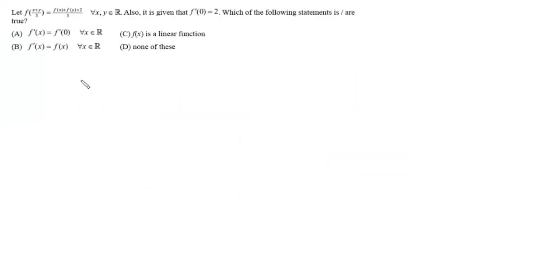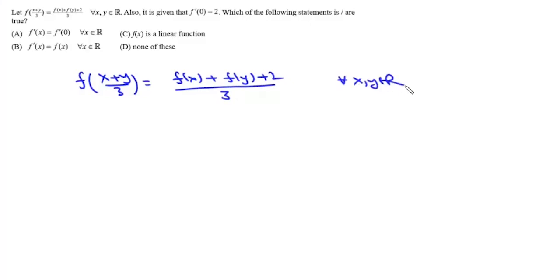Now here the question is, we are given that f of (x plus y) by 3 is equal to (f(x) plus f(y) plus 2) whole divided by 3 for all x, y belonging to R, and it is given that f dash 0 is equal to 2, then which of the following statements is or are true?